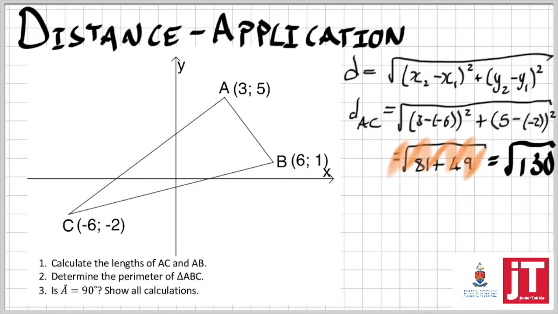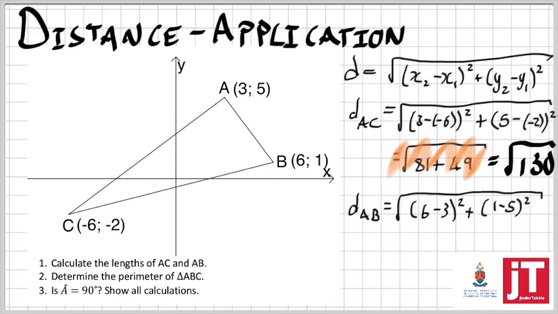Straight off, go to the root of 130. Next up, you are going to do the distance between A and B. Exactly the same formula, same procedure, giving me an answer of 5.